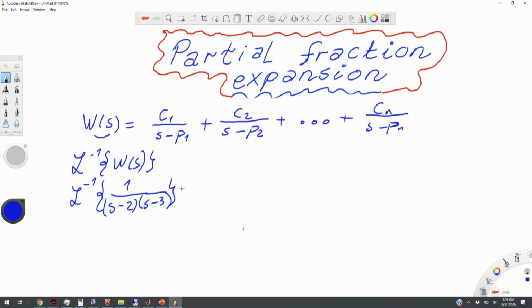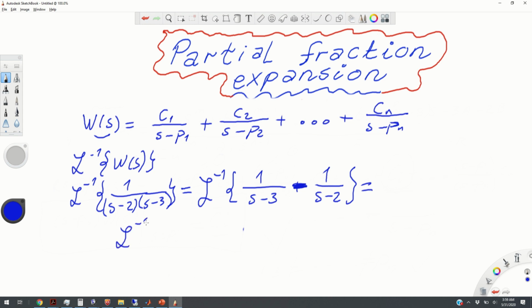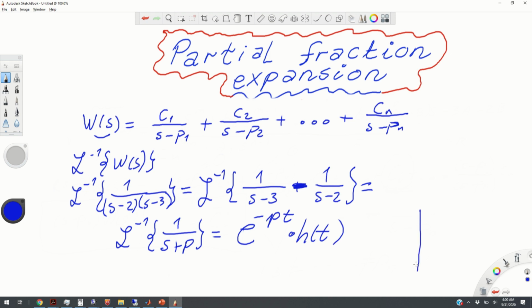However, if you represent this as a partial fraction expansion, as 1 over s minus 3 minus 1 over s minus 2, it is very easy to compute the inverse Laplace transform, since we know that the inverse Laplace transform of the function 1 over s plus p, where p is a constant, is nothing less than e to the minus pt multiplying the Heaviside function. The Heaviside function is a function that is 0 before 0 and at 0 becomes 1.